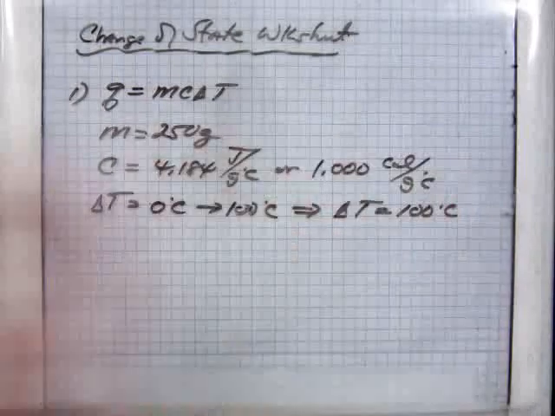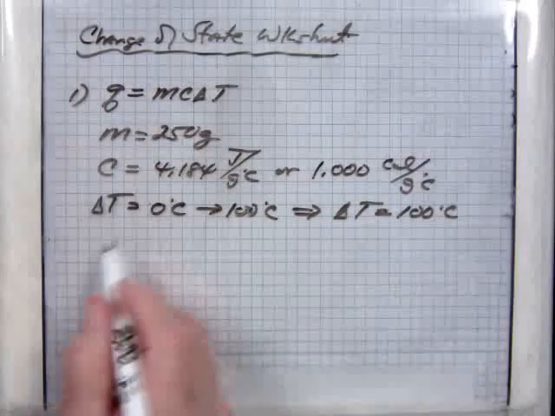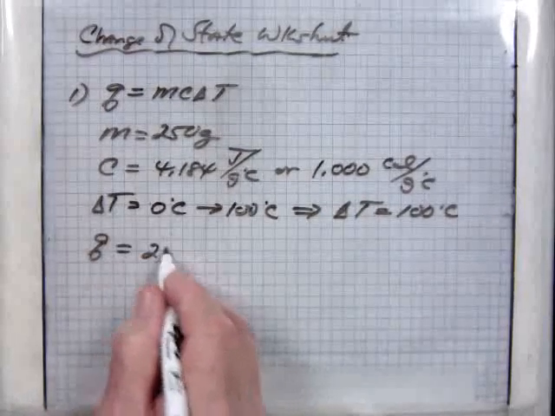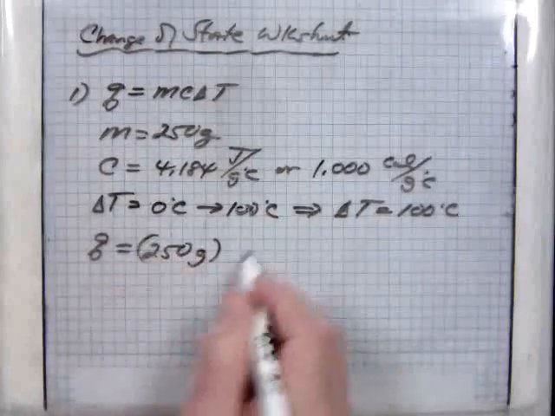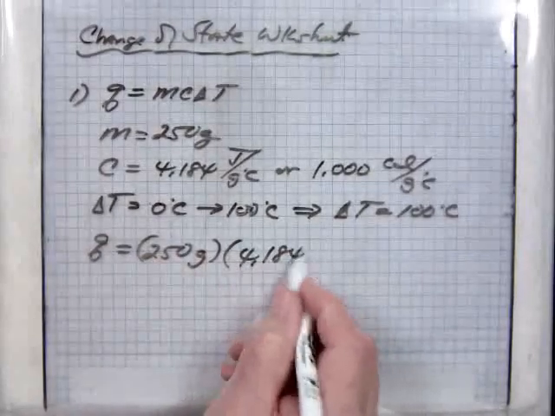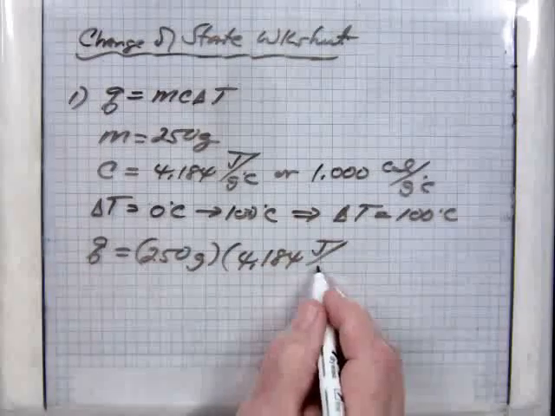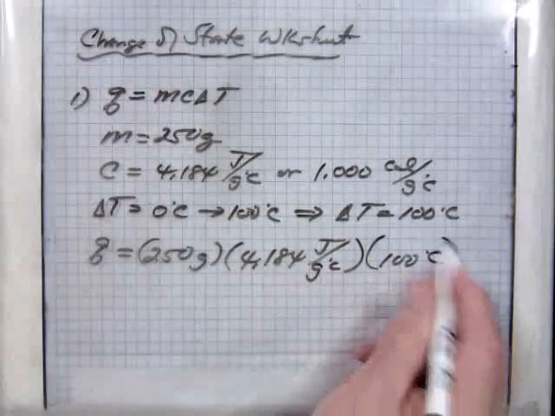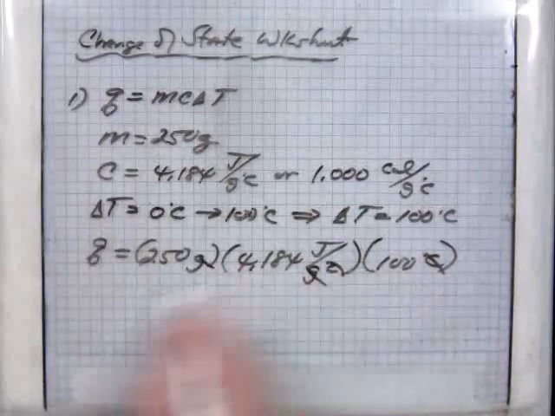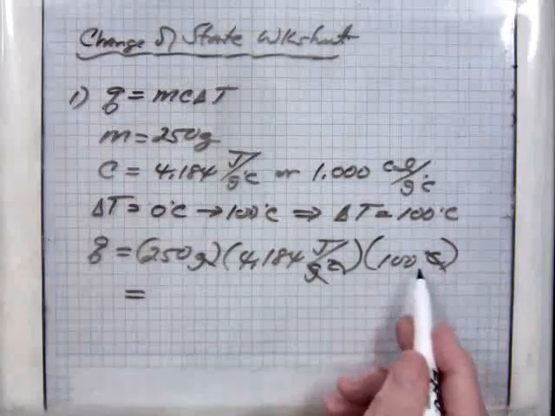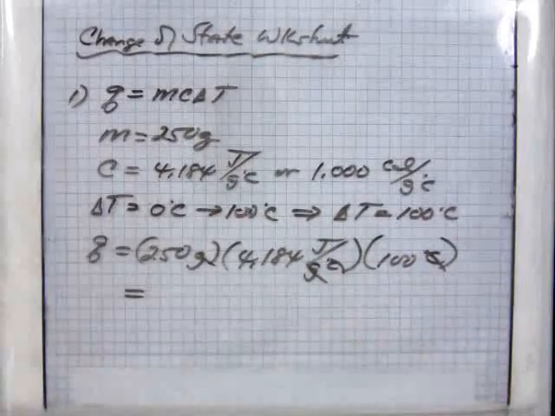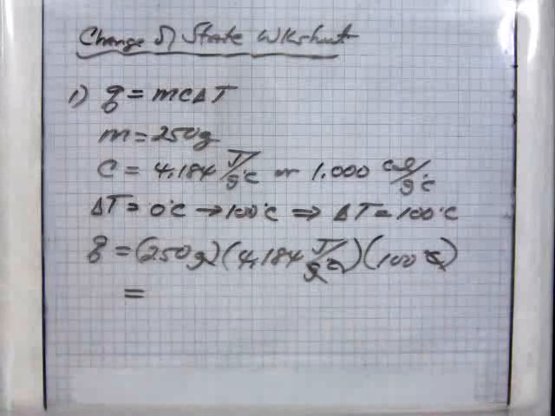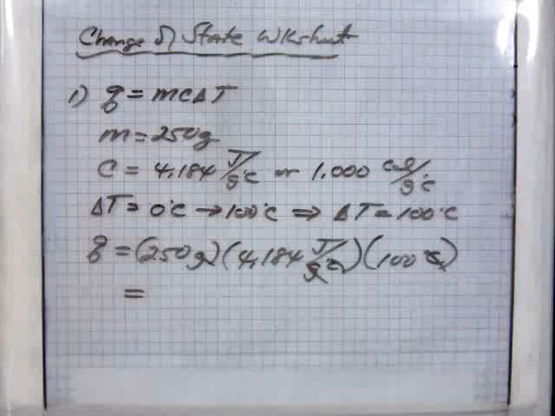And so it's just plug and chug now. Q equals 250 grams times 4.184 joules per gram degree C, times 100 degrees C. Celsius drops out, grams drop out, and you're left only with joules. Let me see if I get the same answer: 250 times 4.184 times 100.